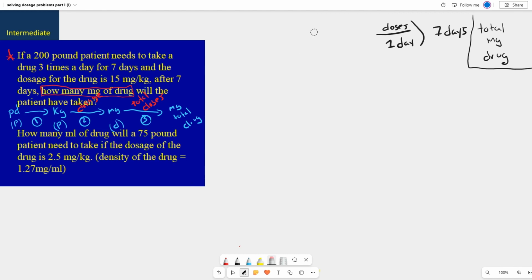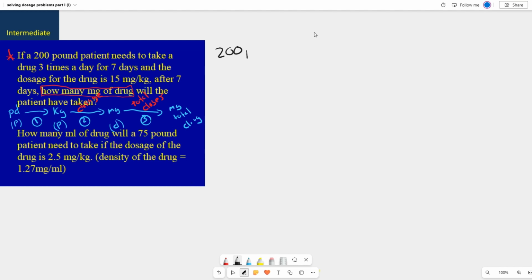Now that we have it mapped out, we can start with the first step, which is getting the person's mass from pounds into kilograms. So we have 200 pounds. And if you remember, the English to metric conversion for pounds and kilograms is 2.2 pounds for every 1 kilogram.